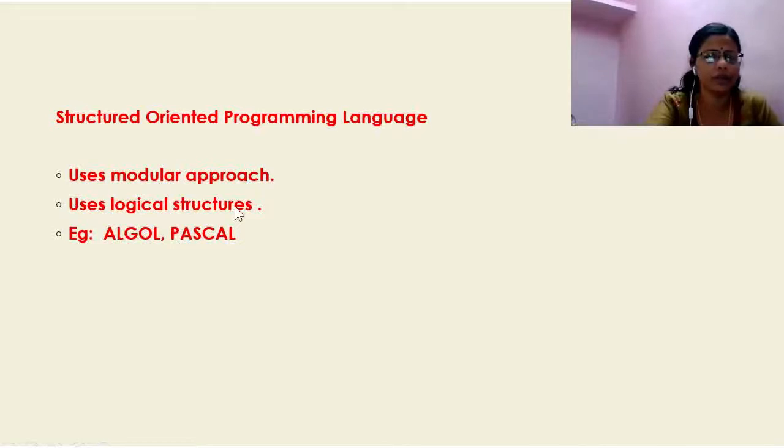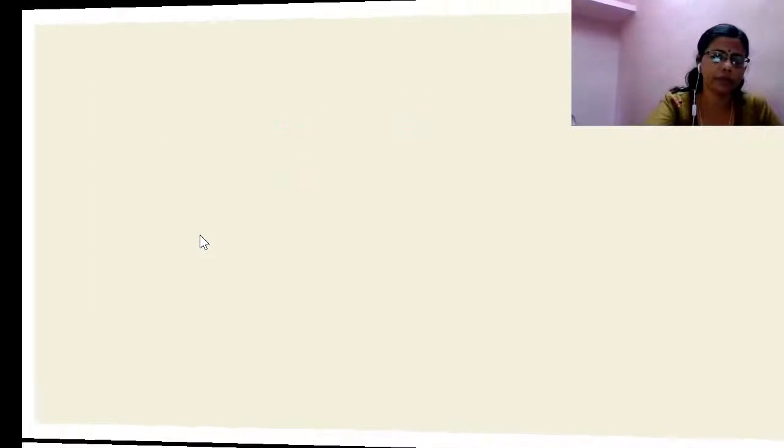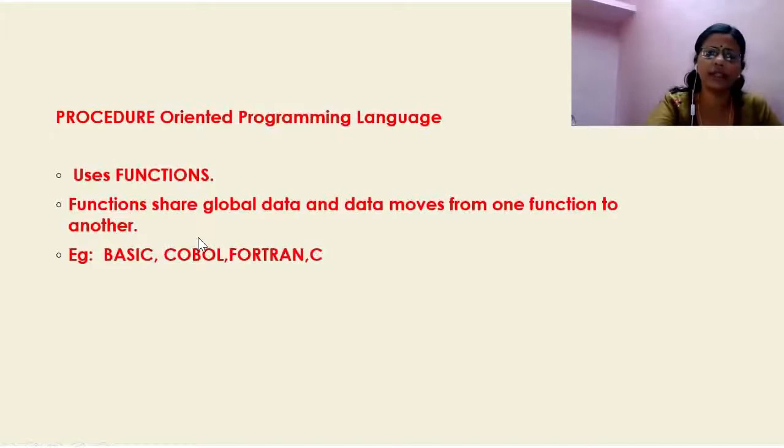There are different types like logical statements, flowcharts. All these things are made use of in structure-oriented programming languages. Earlier languages like Pascal and Algol use this concept of structure-oriented programming language. Clear? Then we'll go on to the next type of language, that is procedure-oriented programming language.